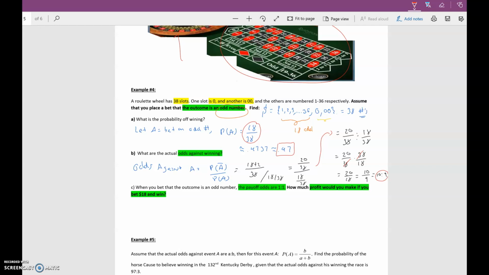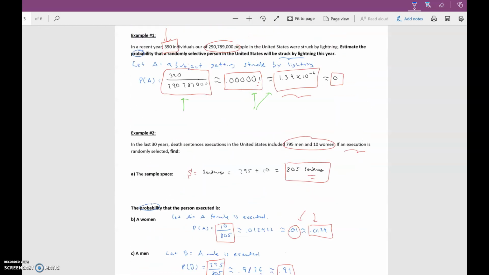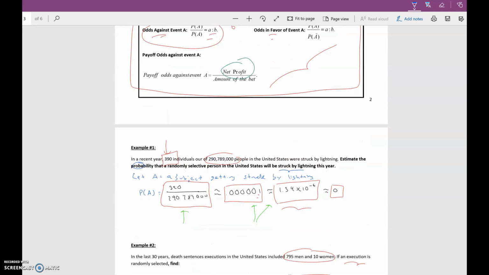Okay, let's take a look at C. In C, they want to find out the profit. So you're going to be using the following formula, and that's the formula here at the bottom. You're using the odds equal to the net profit over the amount of the bet.